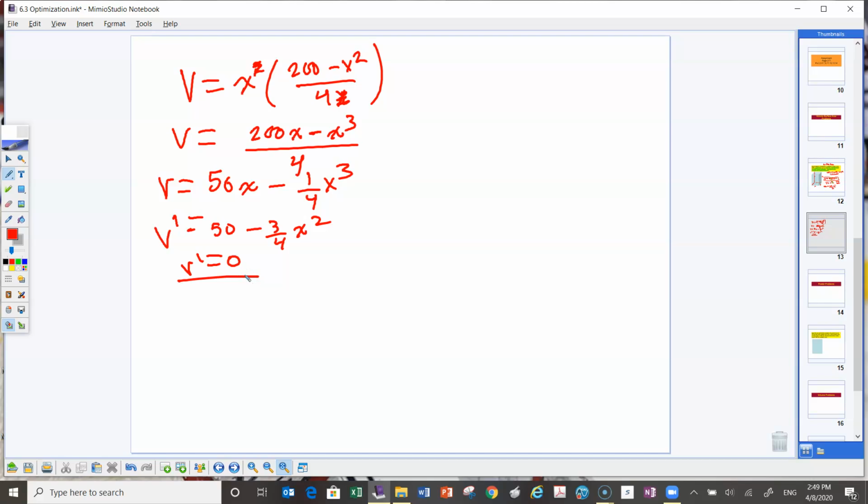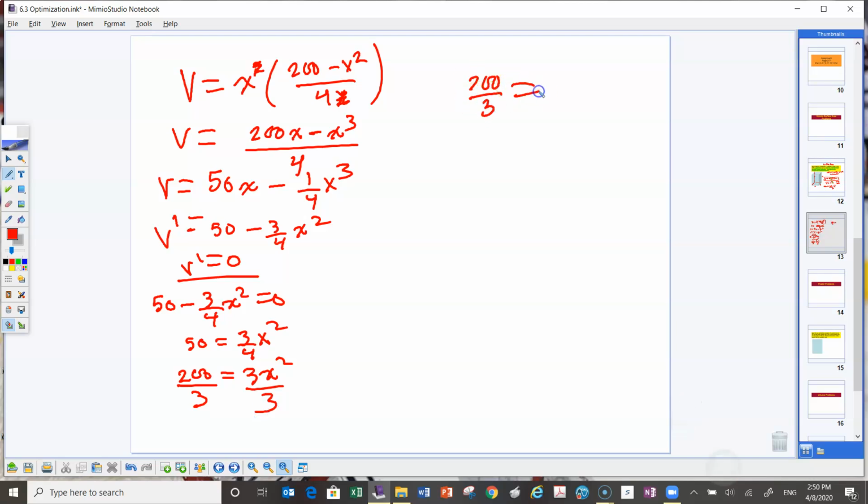We'll figure out now what makes the derivative 0. So we'll add the 3/4 x squared to the other side, multiply both sides by 4, divide by 3, and I get 200 over 3 is equal to x squared. And now when I square root, I'm going to get plus or minus.